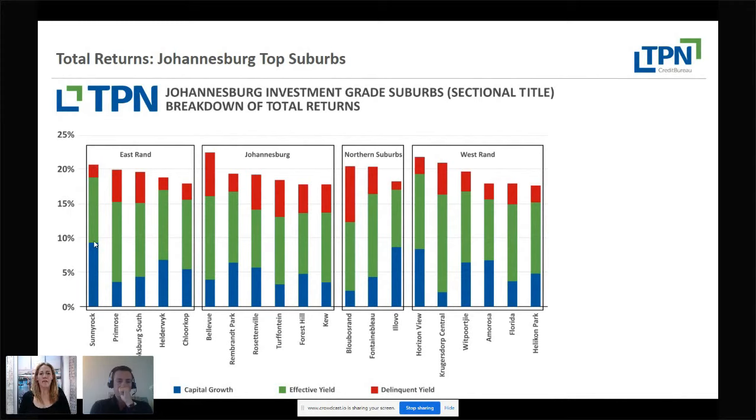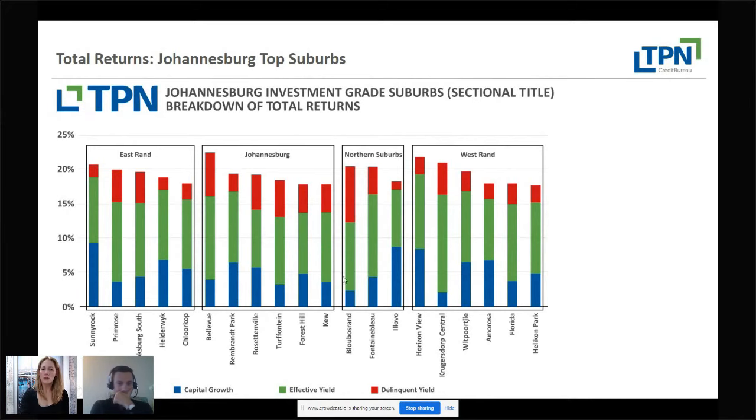Then let's go and have a look at Blaubostrand. Blaubostrand is in Randburg in the northern suburbs. Now you can expect to get also around about 20.5% return every year. That's very high, eh? But listen to how it works.